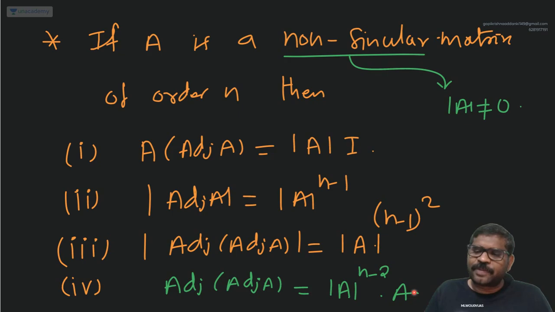Third property is determinant of adjoint of adjoint A. Fourth property is matrix, adjoint of adjoint A equal to det A whole power n minus 2 into A.